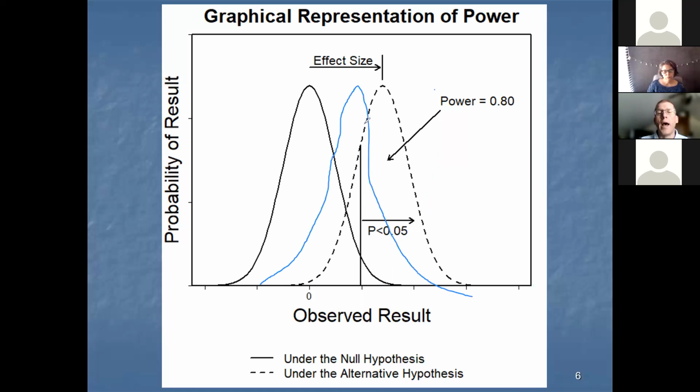I'm only going to have this amount of area that would be shaded, and I'm going to have a decreased power. This is why when I'm interested in detecting a smaller effect size, I have lower power to do so. Or conversely, I need more sample size in order to detect that smaller effect.